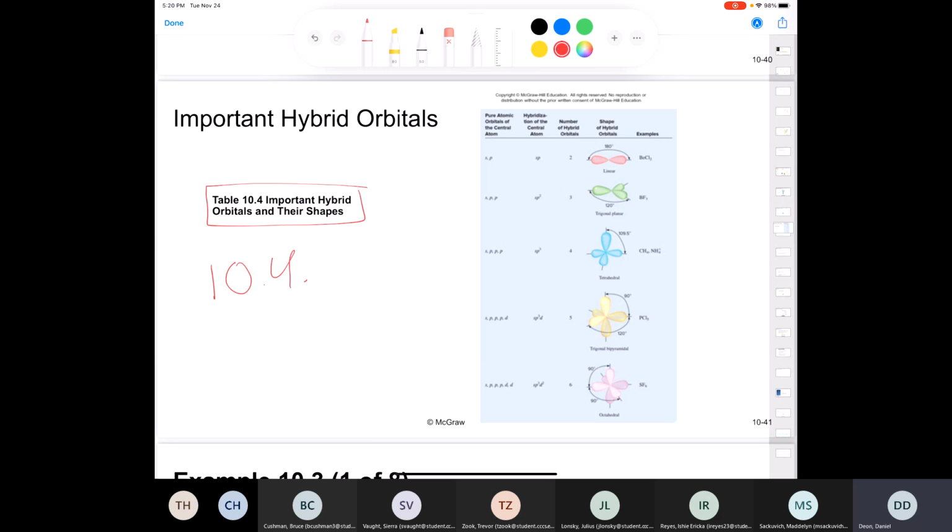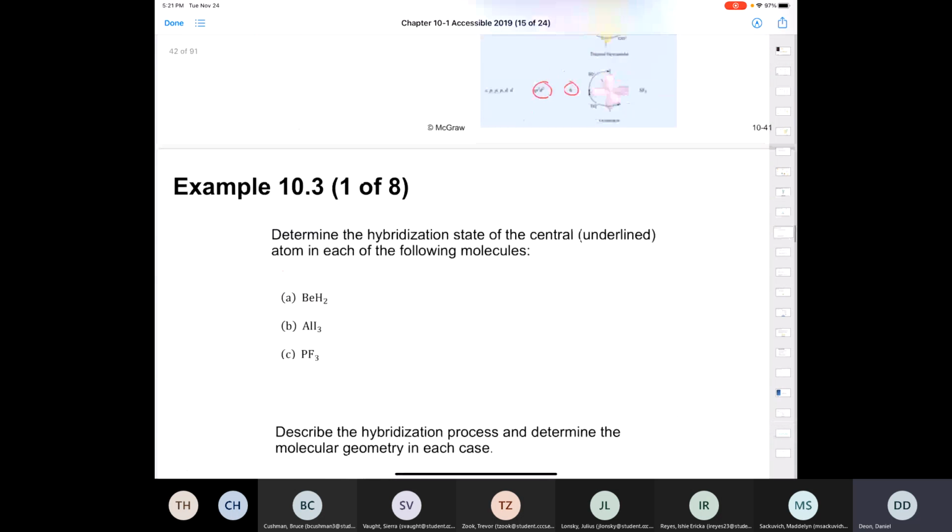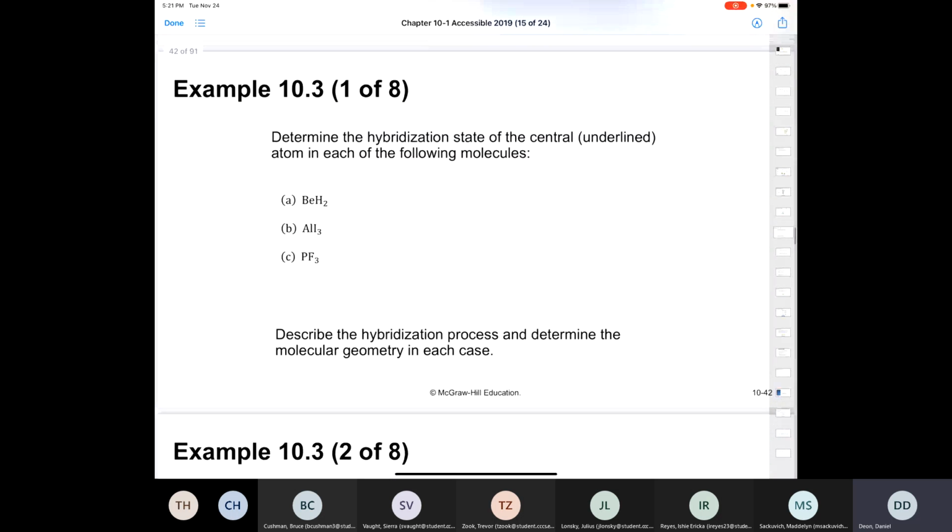The total of lone pairs and atoms: if it's 2, it's sp hybridized. If it's 3, it's sp2. If it's 4, it's sp3. If it's 5, it's sp3d. And if it's 6, it's sp3d2. Again, that table is going to be a valuable resource moving forward when you're practicing problems that involve hybridization.